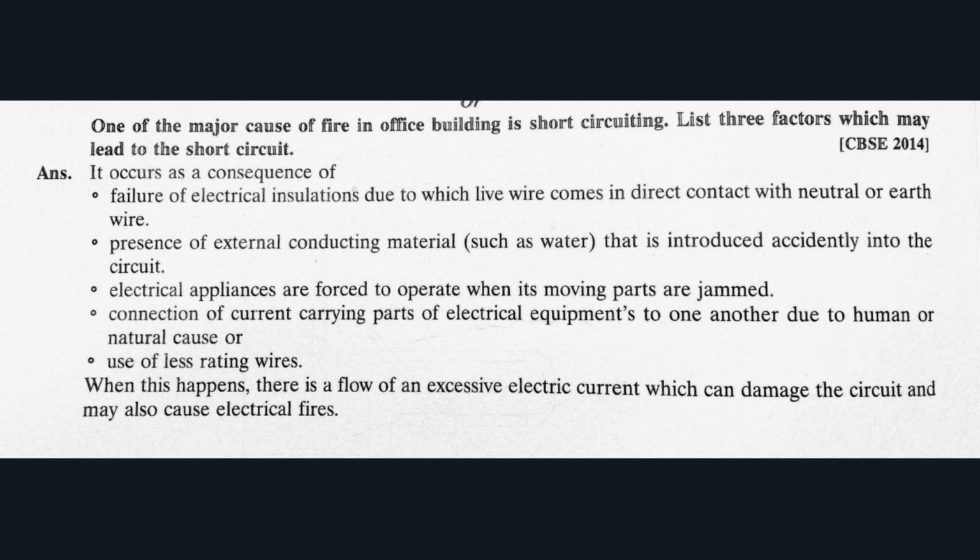Another factor is the connection of current carrying parts of electrical equipment to one another due to human or natural causes. And another is the use of low rating wires.